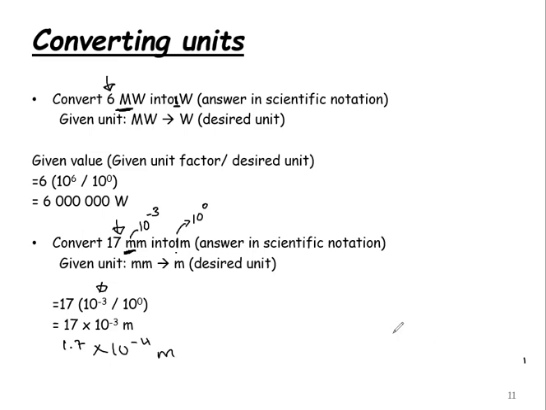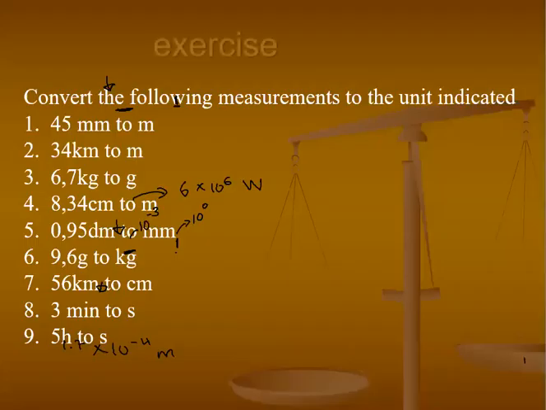And the 6,000,000 watts there can be written as 6 times 10 to the exponent of 6 watts. So that's what we need you to learn in converting units.